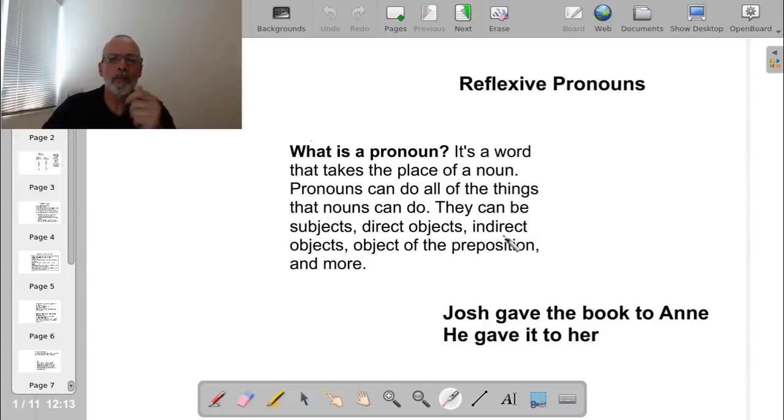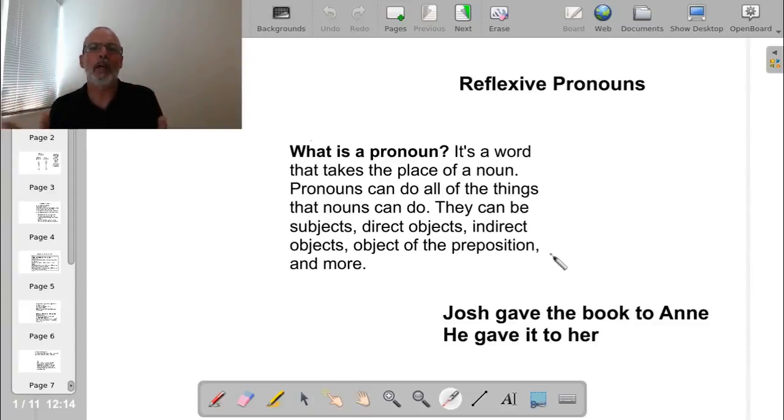So for example, what is a pronoun? Here we have a sentence. Josh gave the book to Anne. So in this sentence we have 3 nouns. We have Josh, we have the book, and we have Anne. So we're going to replace those 3 nouns with pronouns.